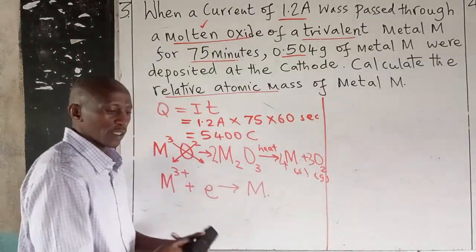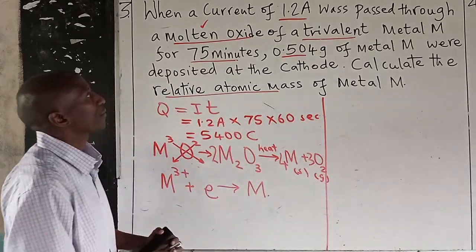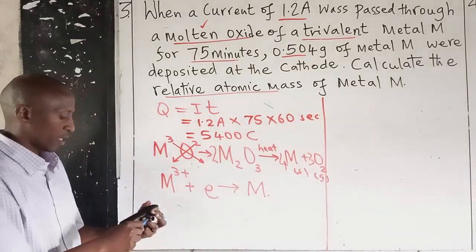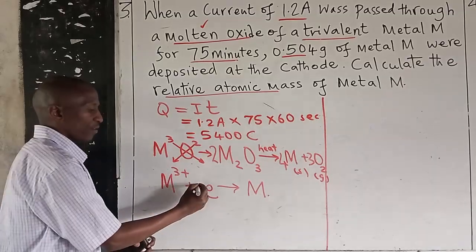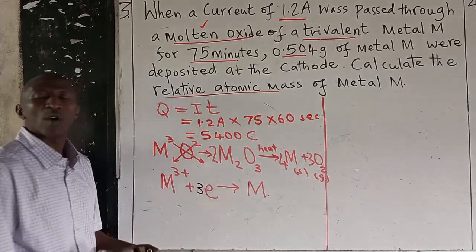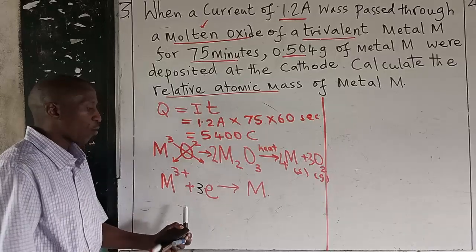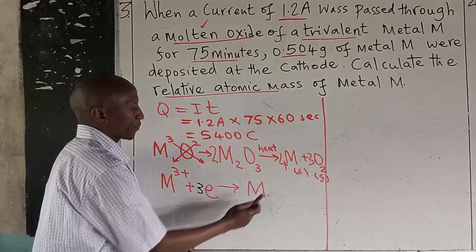At this point, we look at the question. What is the question giving us? During this reaction, if it is ideally trivalent, then we shall require 3 moles of electrons to deposit 1 mole of metal M.